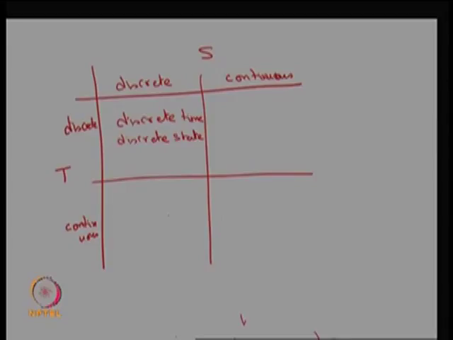Similarly, this is a continuous time discrete state stochastic process, and this is a continuous time continuous state stochastic process. That means based on the possible values of capital T and capital S, any stochastic process can be classified into four types: discrete or continuous, or discrete and continuous, based on the time and the state space.